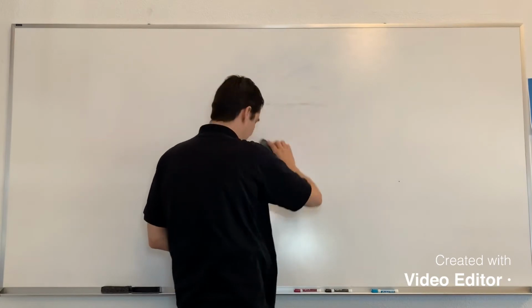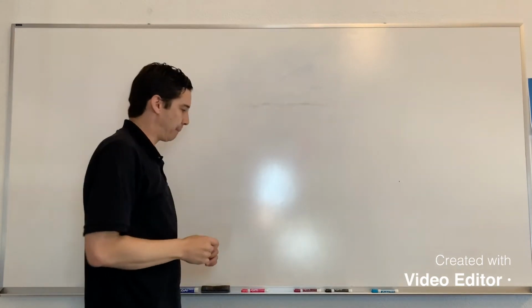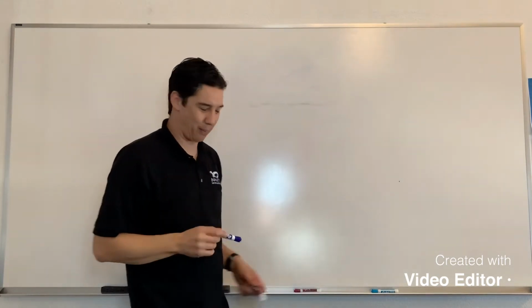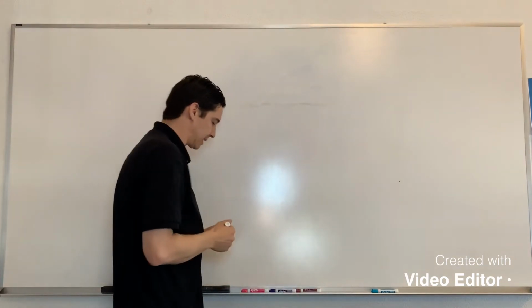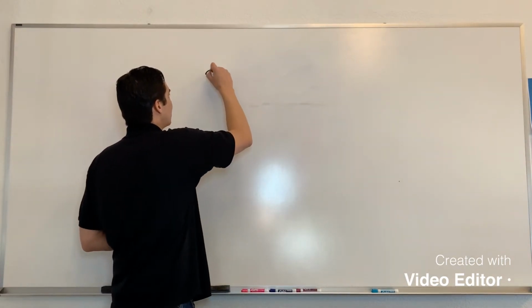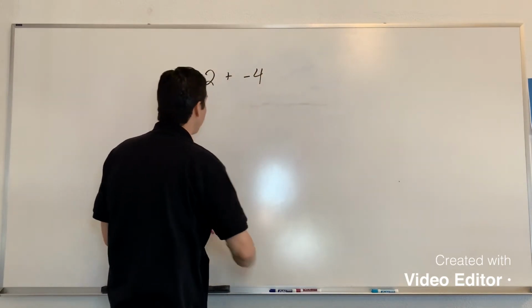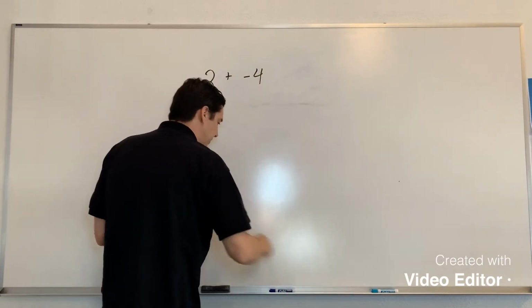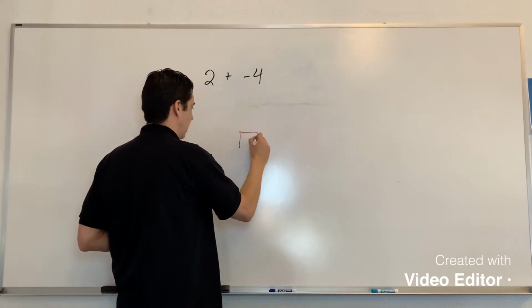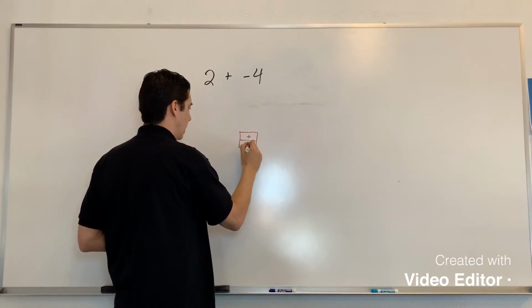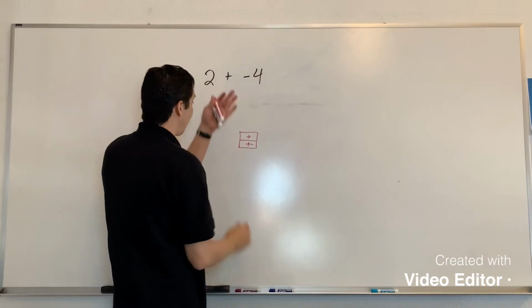Another thing I like to show my students, before I teach them the easy way to do it, is algebra tiles. If we have 2 plus negative 4, that simply means I have 2 positives and I have 4 negatives.